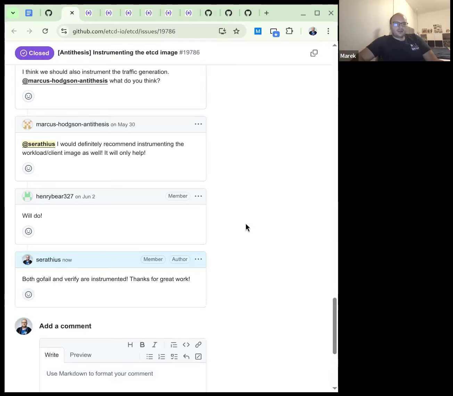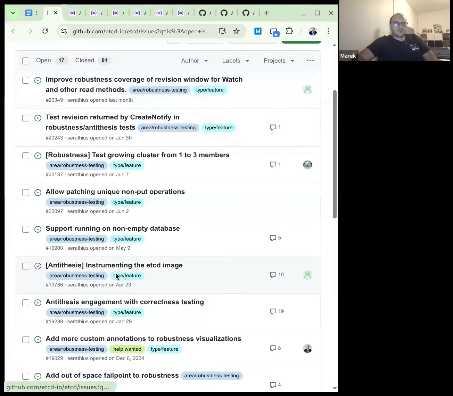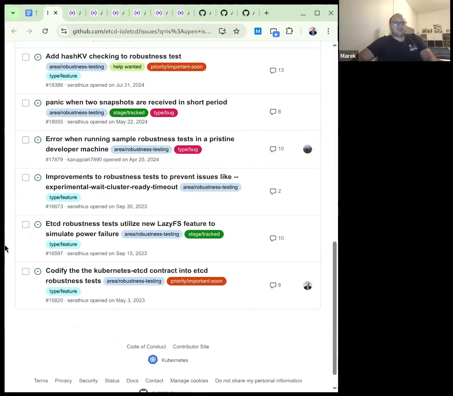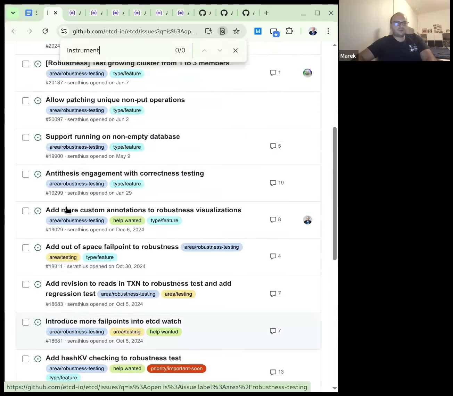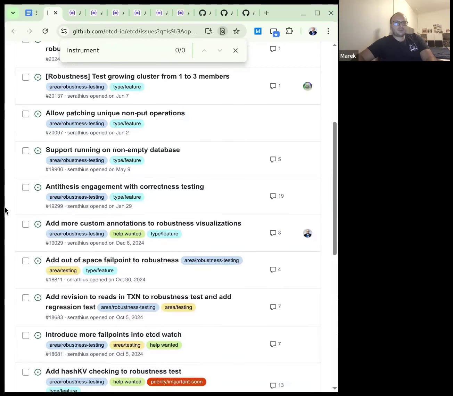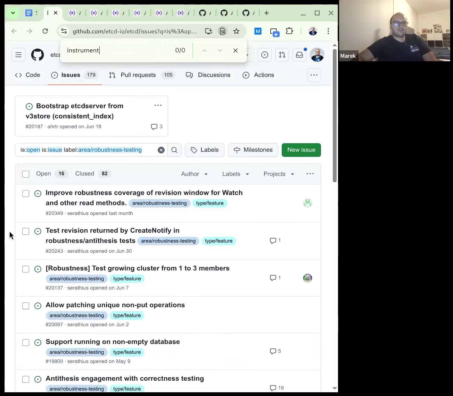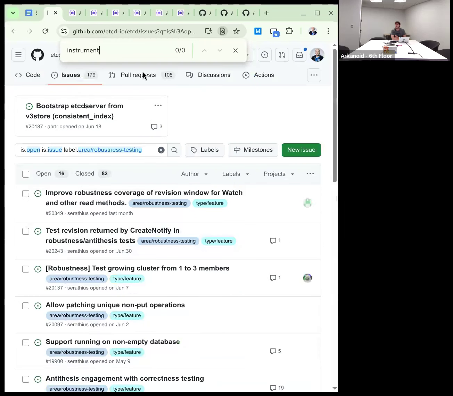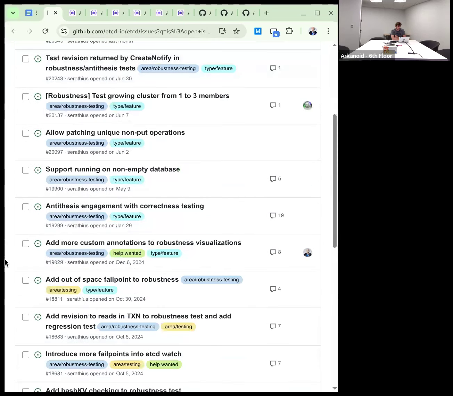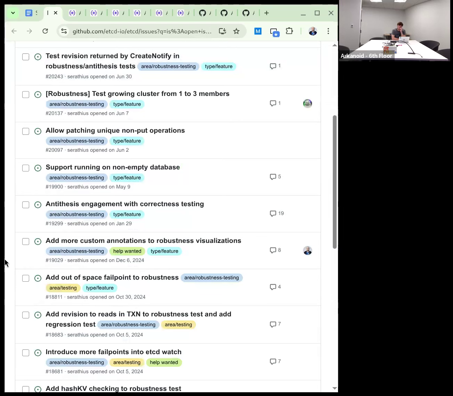And there was a long issue about another type of instrumentation. No, there's no issue. There was a discussion about our idea to instrument the test itself, or the client container itself, but I don't know if we've done that.